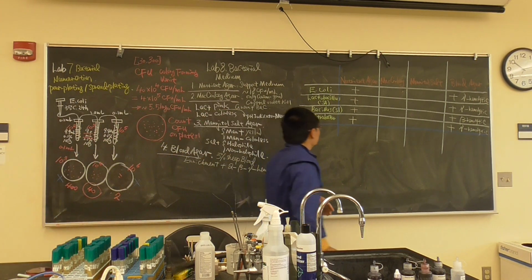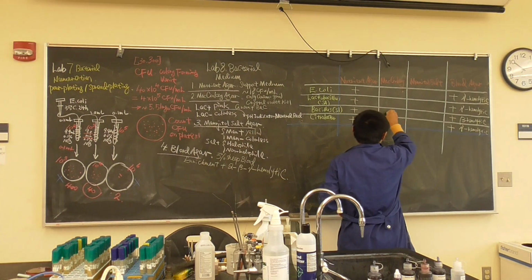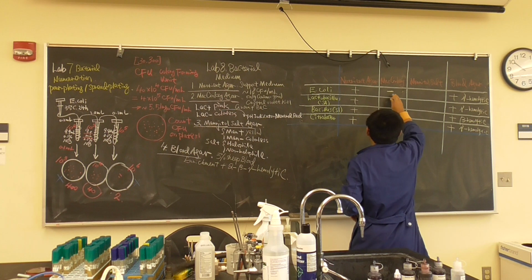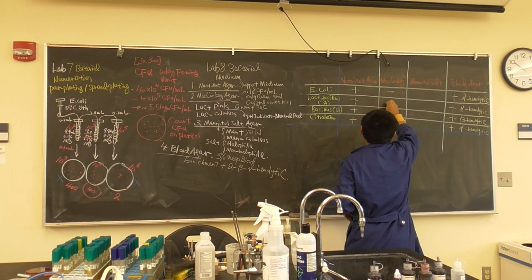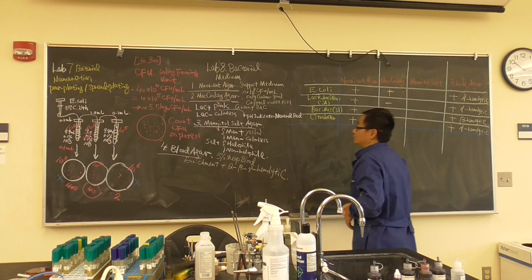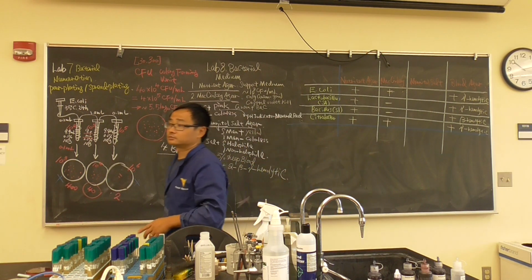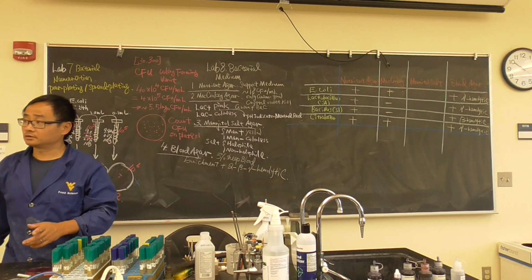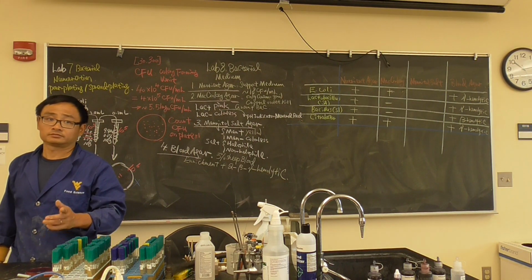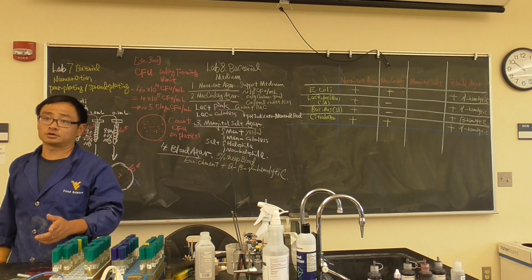So ideally, these two should not grow. Sorry. The middle two should not grow. The top and the bottom should grow, ideally, because Bacillus is a gram-positive bacteria. Ideally, it shouldn't grow.